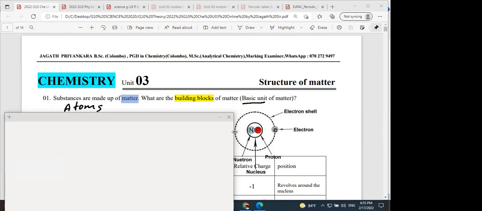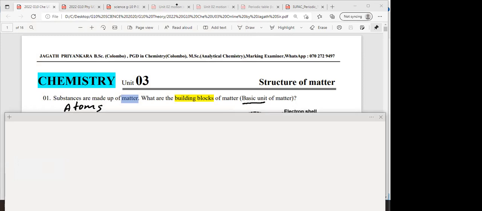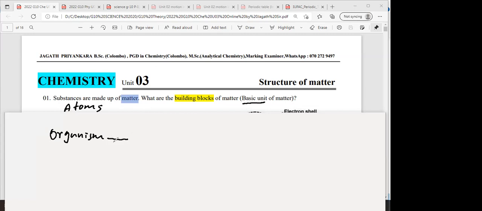Now, your body is made of what? Your body is made of various systems, right? An organism, so a multicellular organism. An organism can be unicellular or multicellular. An organism is made of various systems: digestive system, respiratory system. Systems are made of what? Various organs.